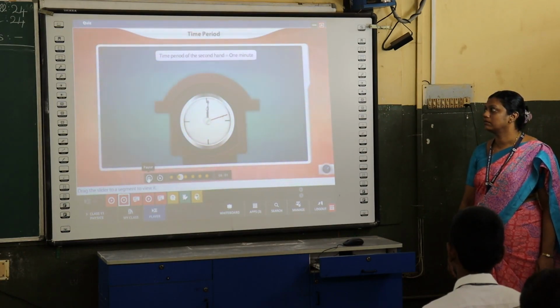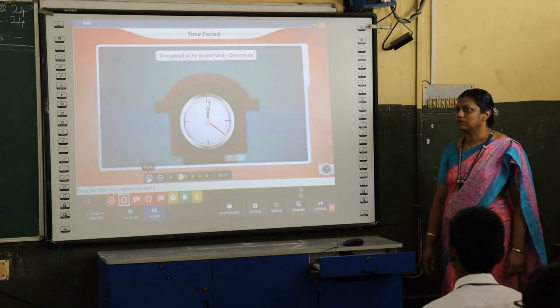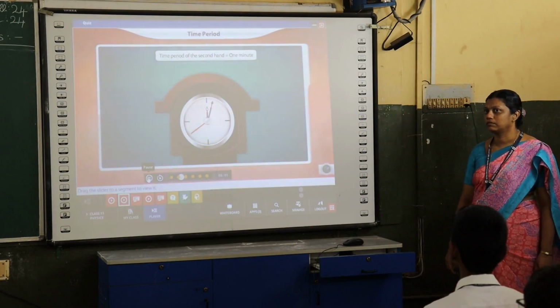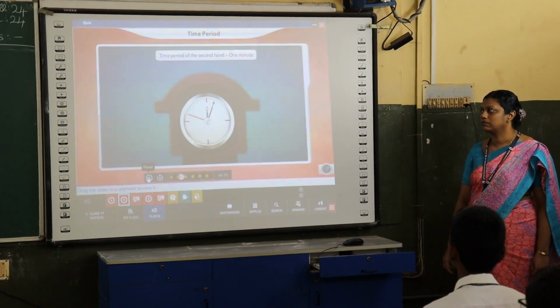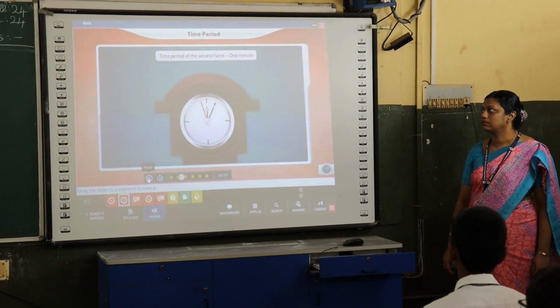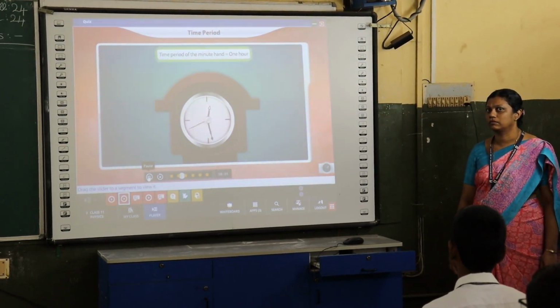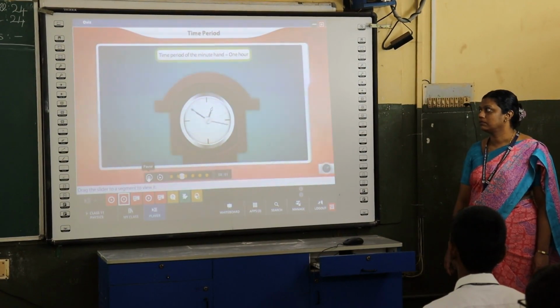We can observe that the second hand of a clock comes back to its initial position after 1 minute. Hence, the time period of the second hand is 1 minute. The time period of the minute hand is 1 hour. And for the hour hand, the time period is 12 hours.